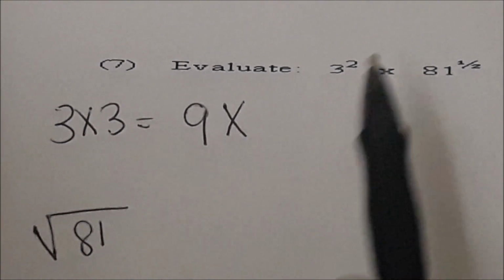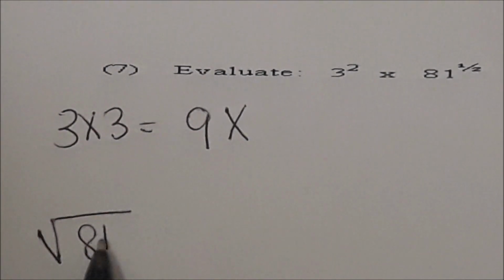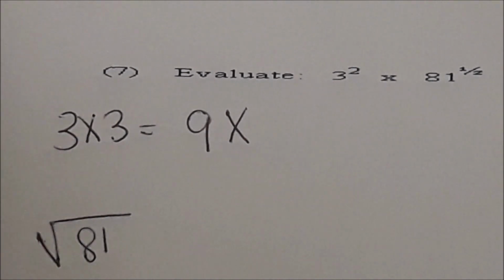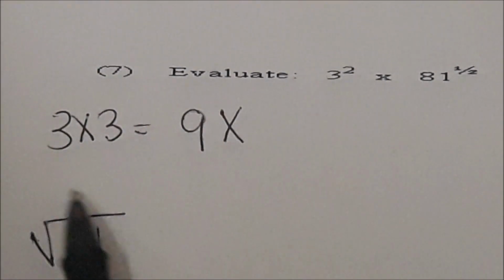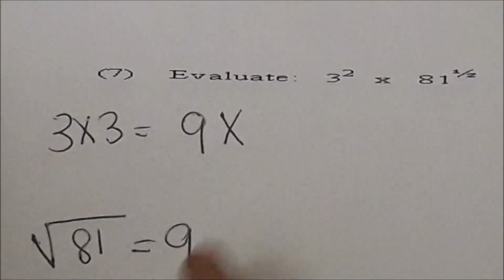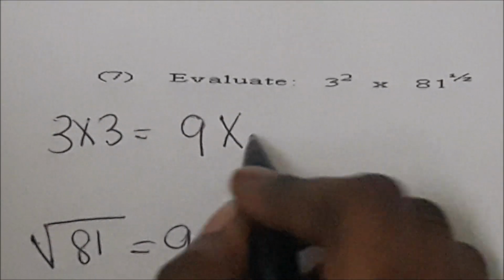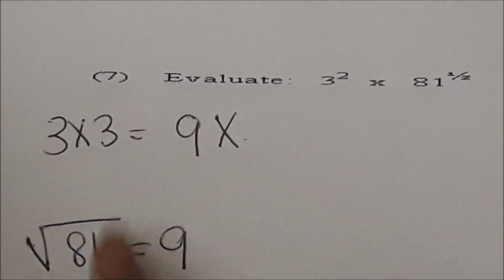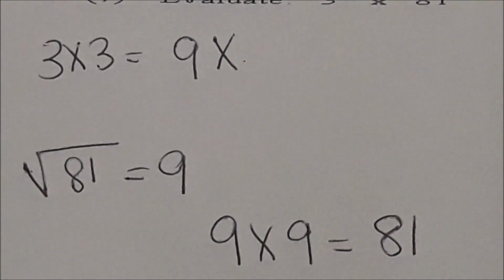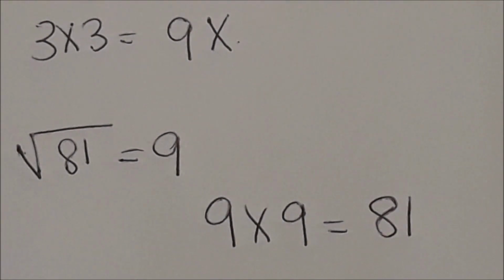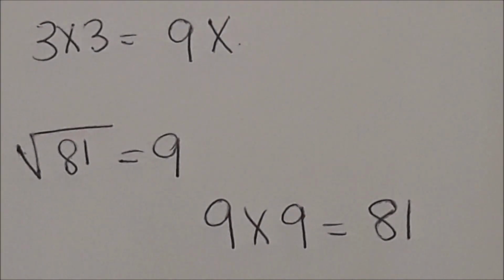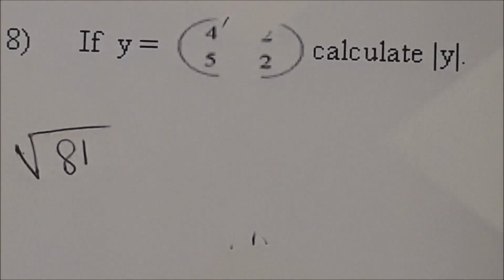This is the same thing as 81 to the 1 over 2, because the power for 81 in this case is 1 and the root is 2. So we know that the square root of 81 is 9. Now we say 9 times 9 is equal to 81. Okay, and that's your final answer. So 3 squared is 9, and the square root of 81 is 9 as well. So 9 times 9 is 81. Very good, Precious. Let's move on to number 8.